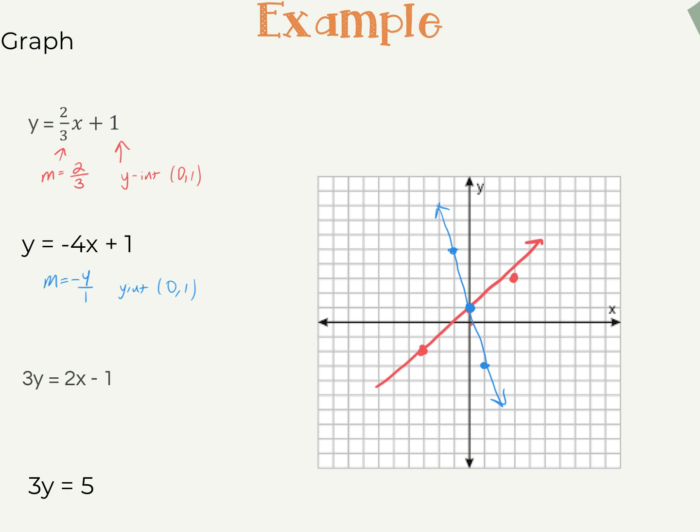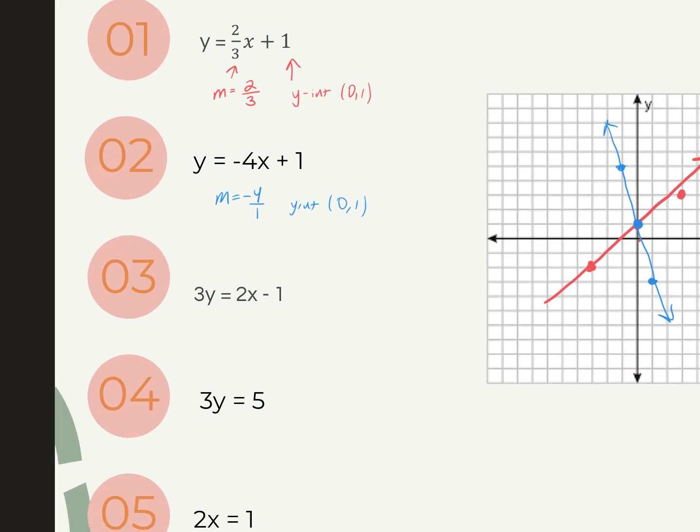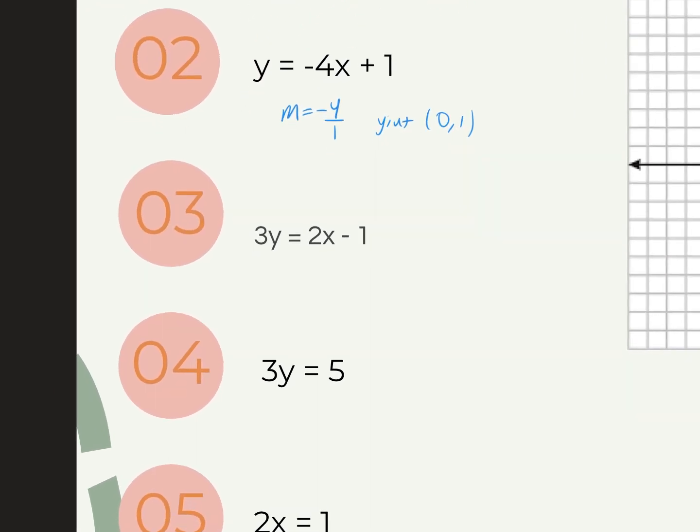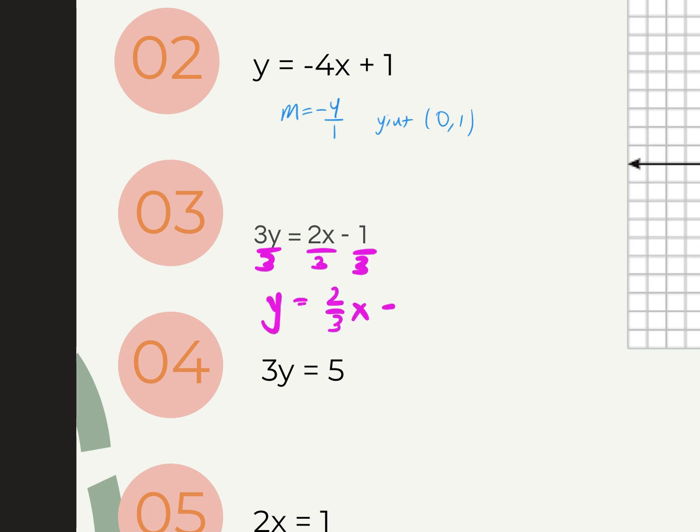Okay, good. All right, look at the next one. If I want to identify the slope and the y-intercept, can I just look at it and tell? No, what do I need to do? I've got to divide everything by 3 because I need to get y by itself. So in this case, I have y equals 2 over 3x minus 1/3.